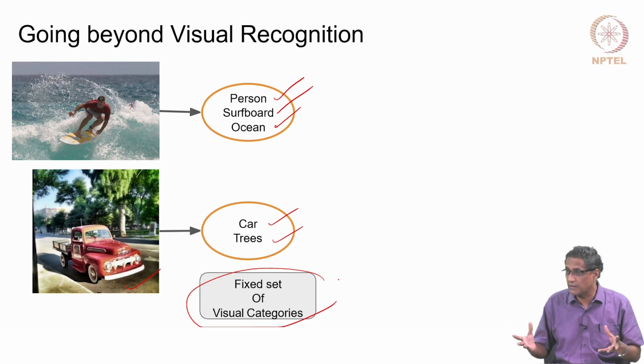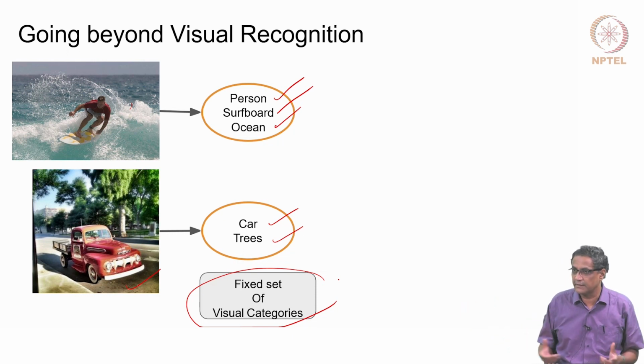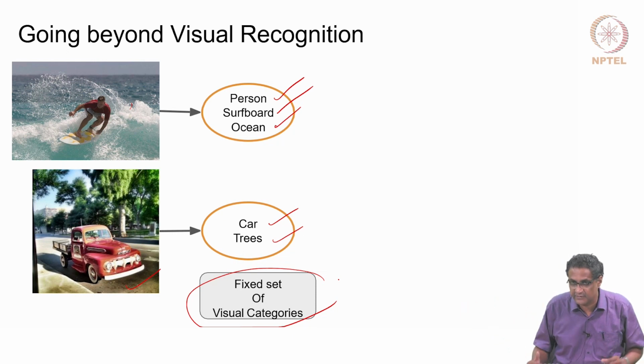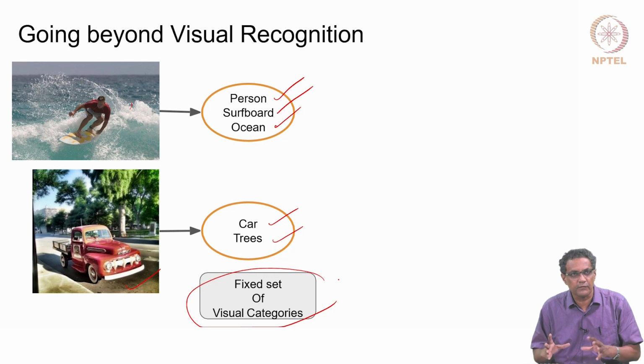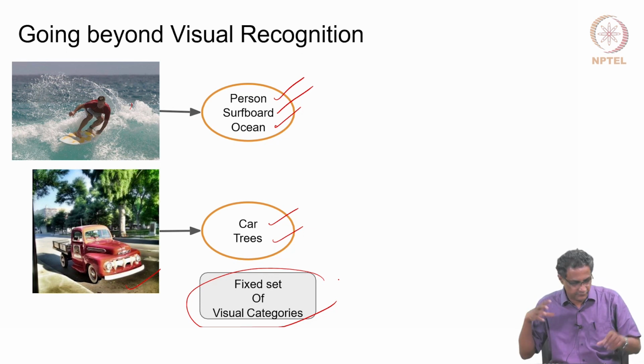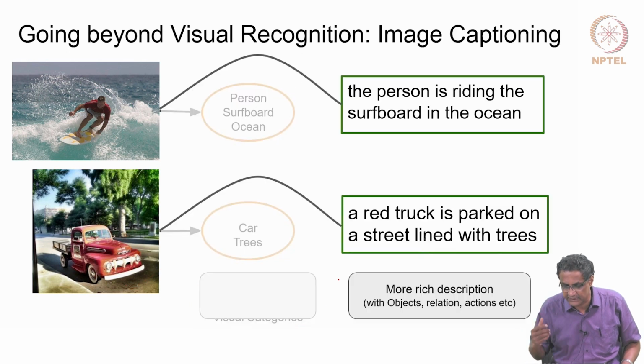But vocabulary is not like that. Vocabulary is millions of words, tons and tons of words, and there you cannot say that I can only have this many classes. So we have to walk out of that kind of mindset.